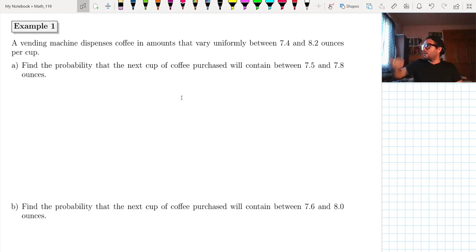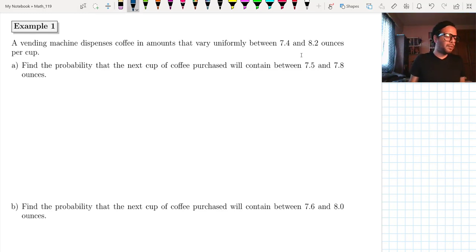Or if it's a large cup, they press a different button and it dispenses a different volume. But those machines are never perfect. It goes plus minus some milliliters of drink, and in this case, we end up having a range of values. So those amounts of coffee vary between 7.4 and 8.2 ounces.